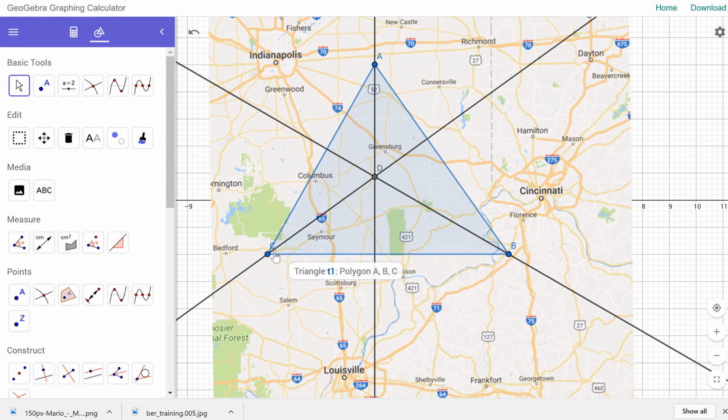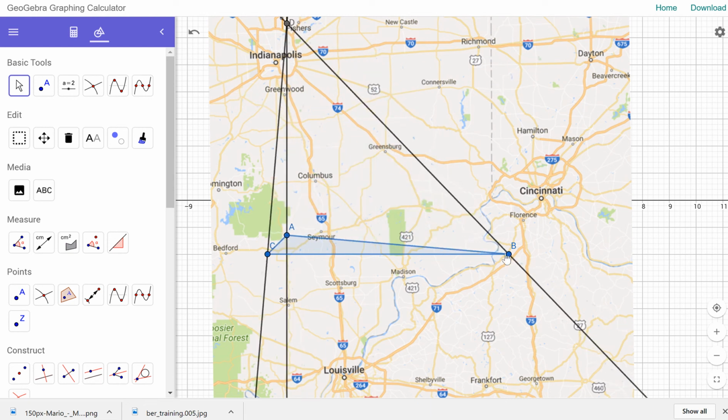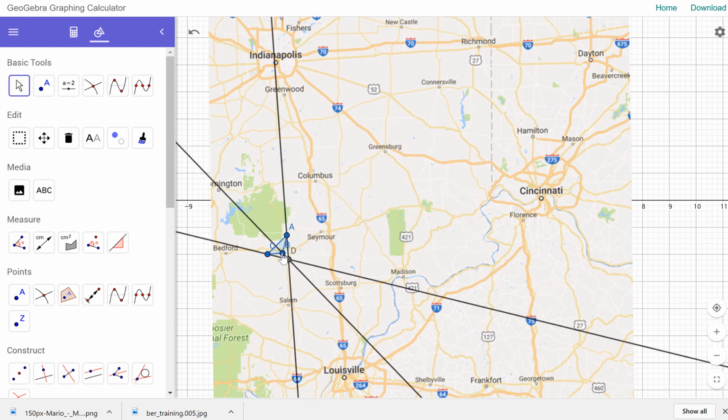Now, if I wanted to place a center of business in relationship to these three cities, and again, I chose these three cities because Indianapolis and Cincinnati are connected by I-74, or Interstate 74. Cincinnati and Louisville are connected by I-71. And Louisville and Indianapolis are connected by I-65. Those three highways kind of triangulate between those three cities.